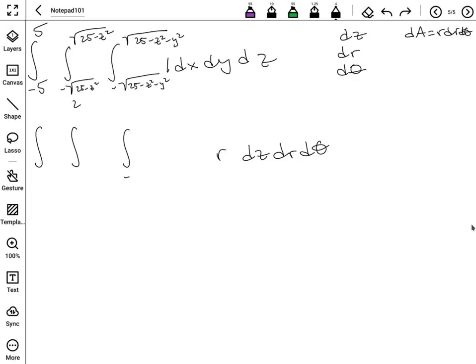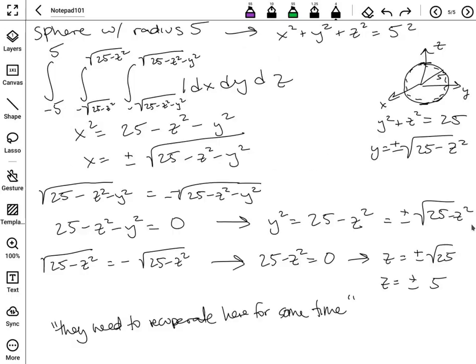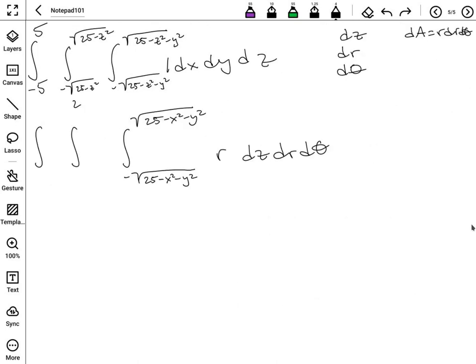Z is still a variable, so I could go ahead and use the same types of bounds I would get like this, if I just started at my sphere equation, x squared plus y squared plus z squared is 25, and then solved for z. The only issue is that x and y aren't variables anymore.